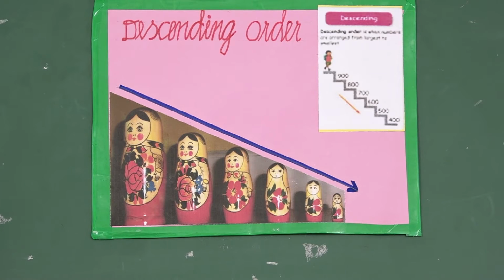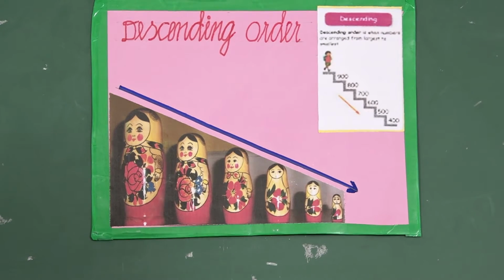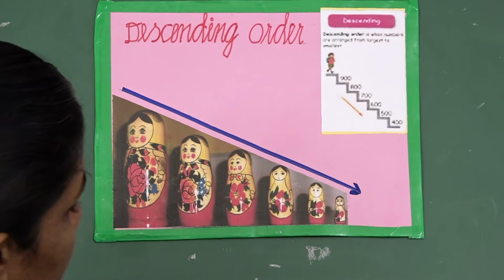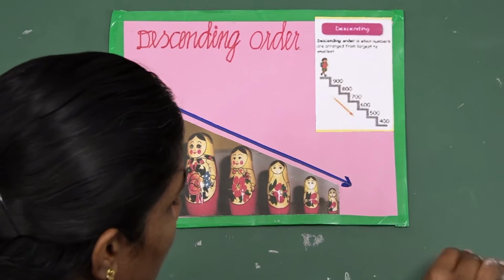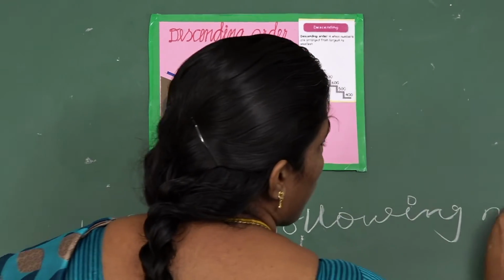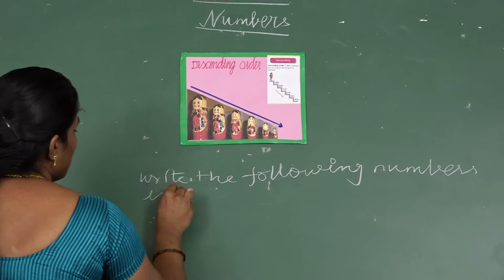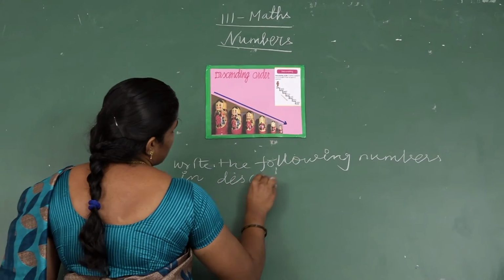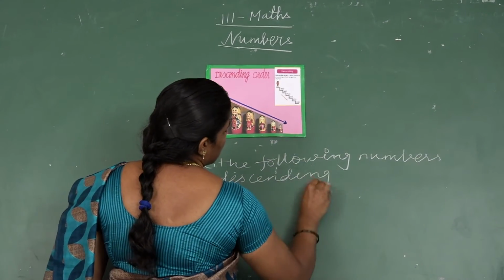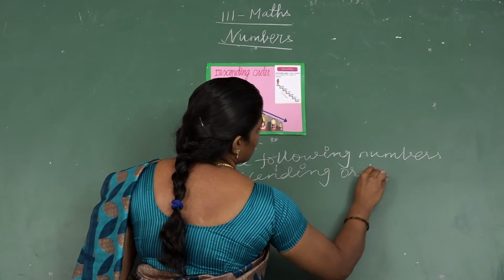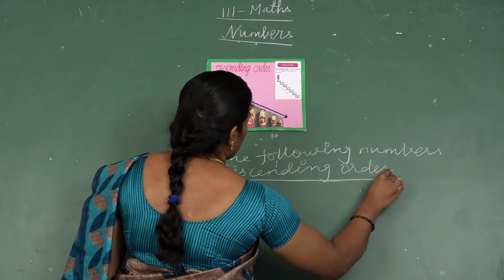Write the following numbers in descending order.